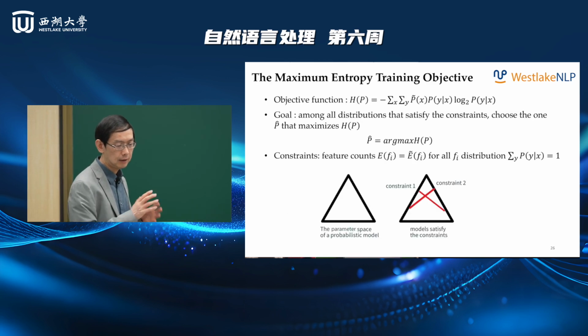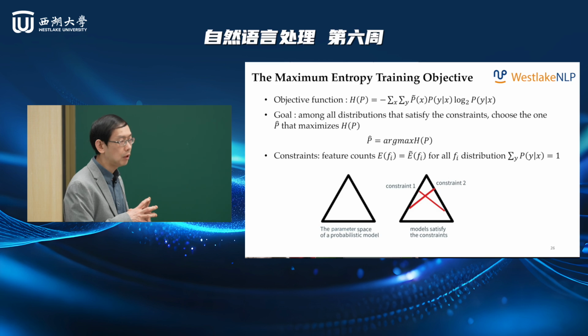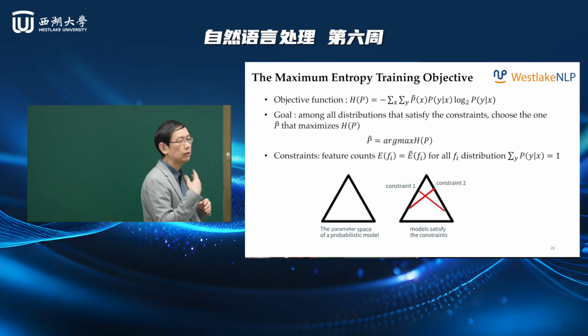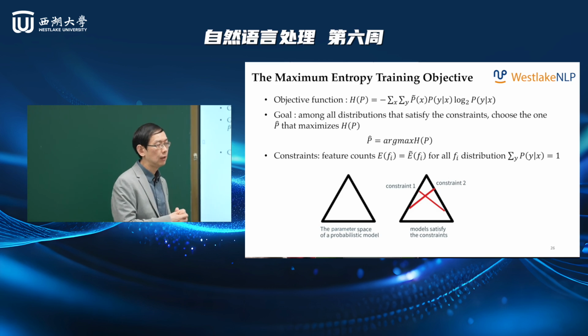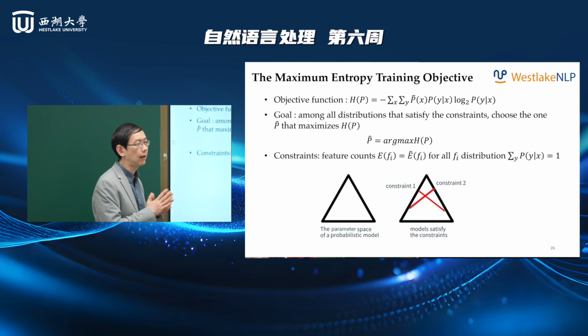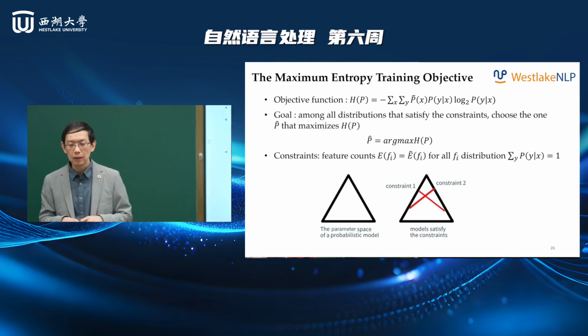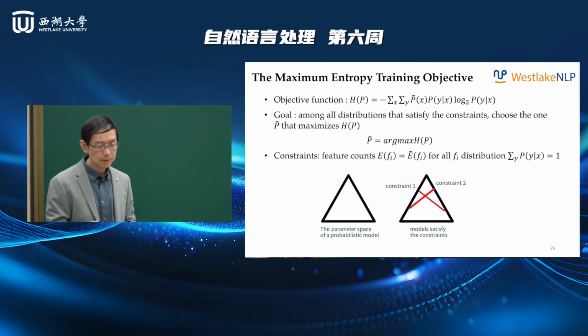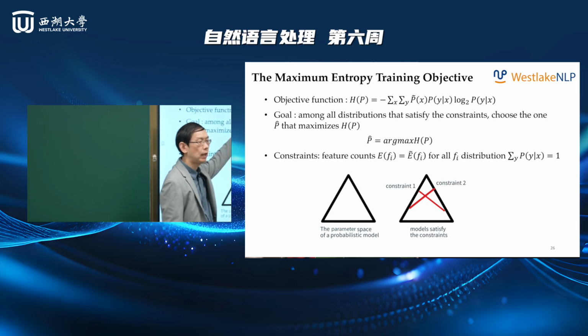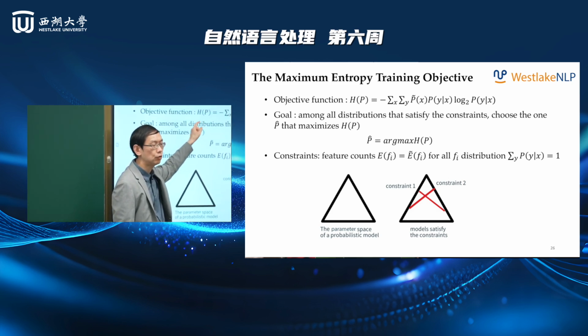Let me recap. The modeling target is p(y|x). That's the model we need to build. We don't have the parameterization, but we have the representation of the input-output pair, which is phi. So our maximum entropy model will maximize H, p(y given x), under 2 constraints.